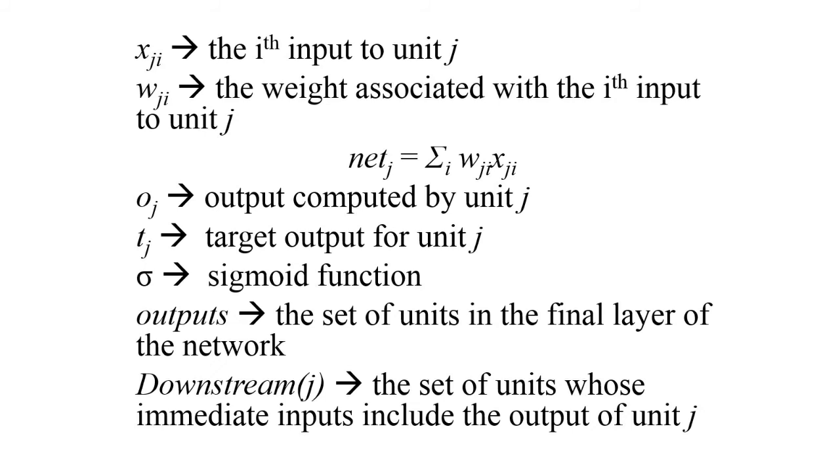Downstream of j means the set of units whose immediate inputs include the output of unit j.